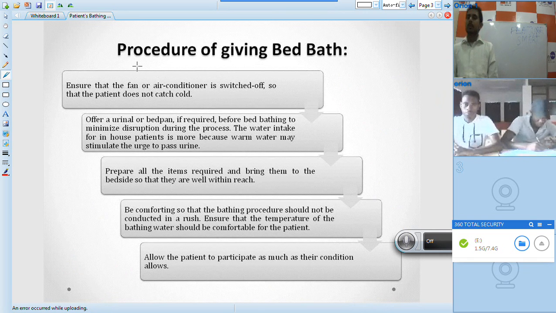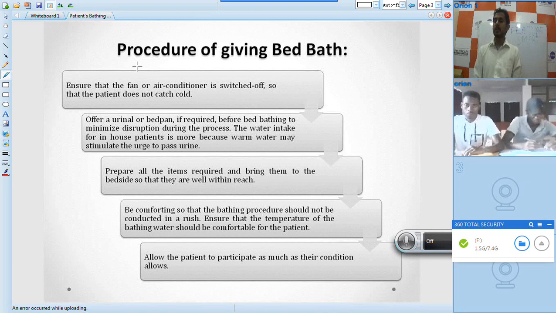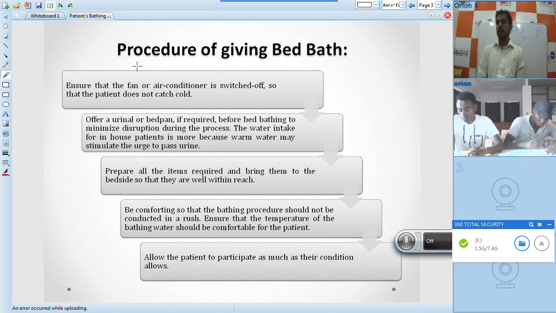Now come to the procedure of giving bed bath. There are various bathing procedures for the different patients. In case the patient is unable to leave their bed in a hospital or not move properly, in that case we have to give the bath on their bed only.